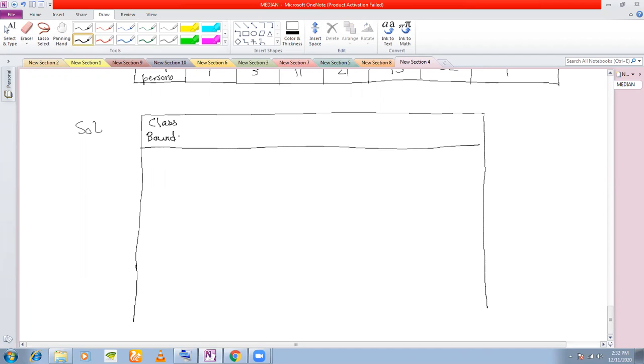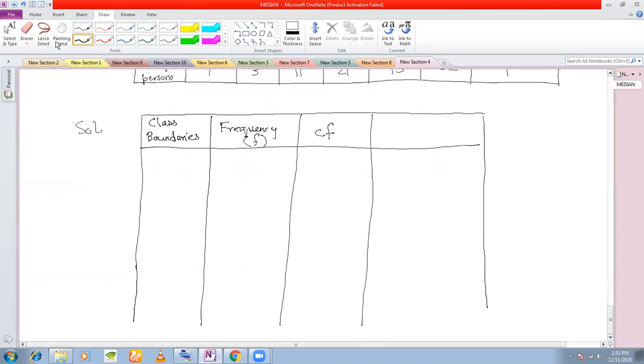If class limits are given, you will convert them to class boundaries. Next is for your frequency, F, and the third column will be for your cumulative frequency. That's it. 3 columns we require. From these 3 columns, we can calculate everything.